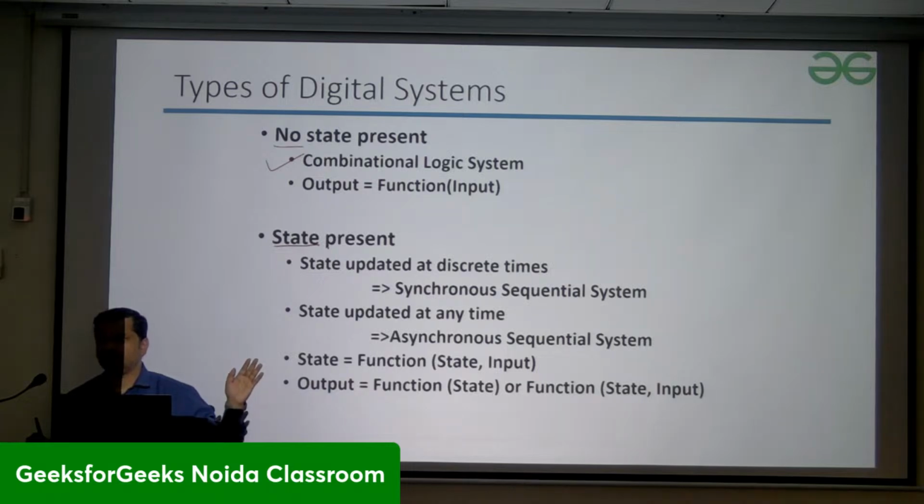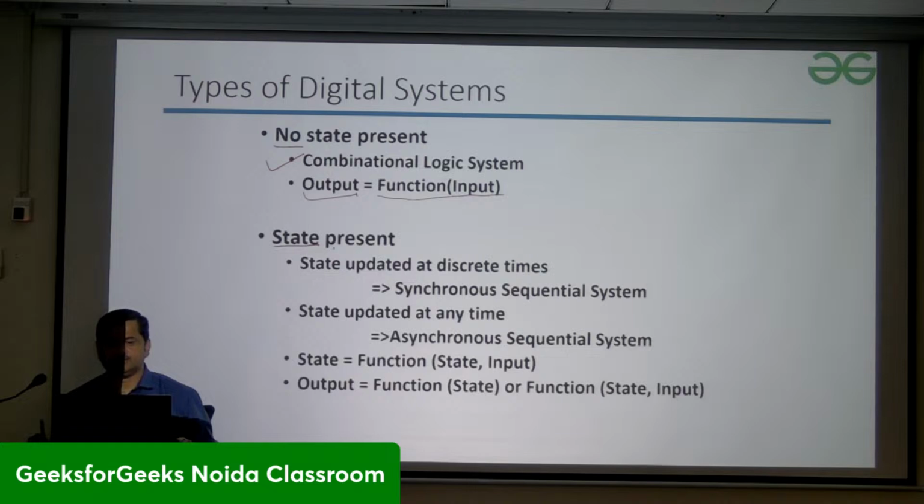If you are not able to manage that, then it is simply a combinational circuit, combinational logic. So your output is directly dependent on a function of input. In this case, no other state is required. Output is directly dependent on the input.